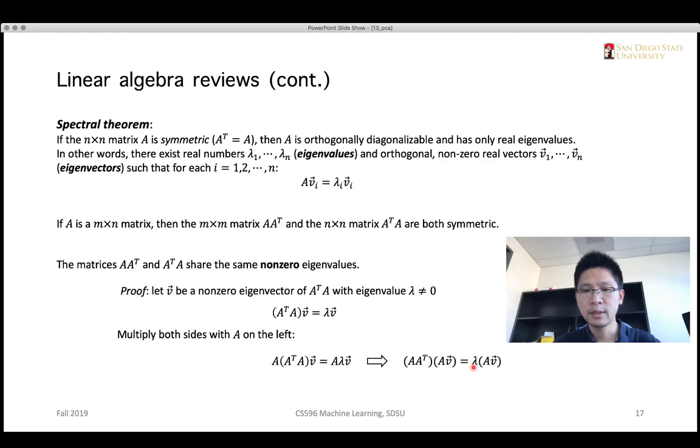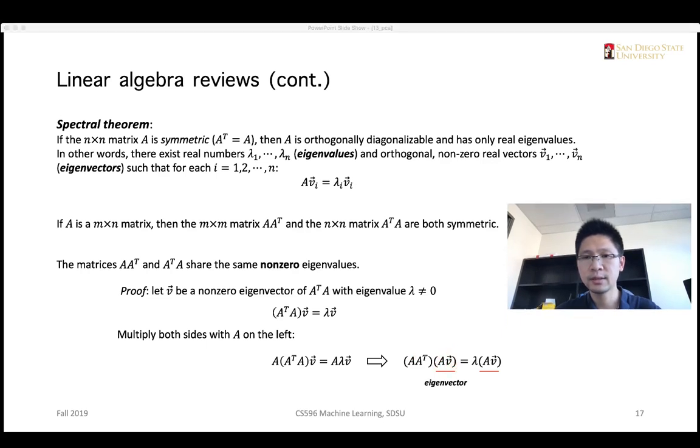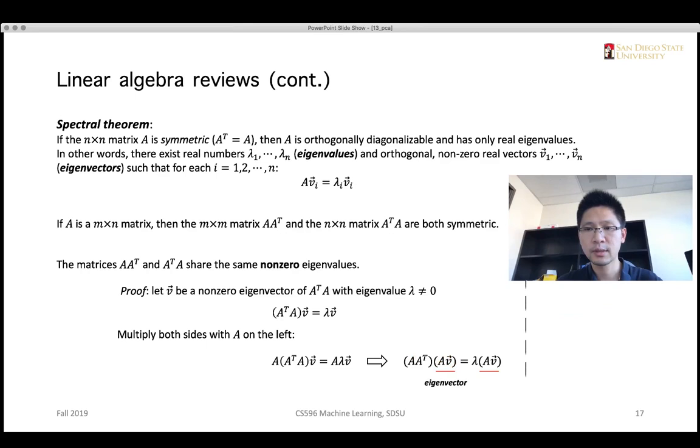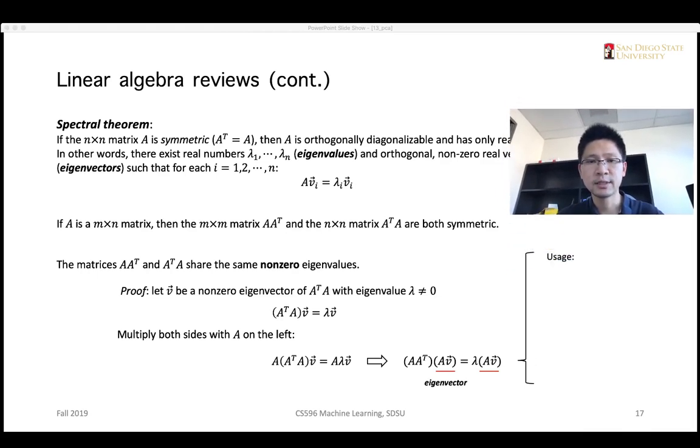Therefore, lambda is also an eigenvalue of A times A transpose, and the eigenvector is A times V. Therefore, A times A transpose and A transpose times A have the same non-zero eigenvalues.